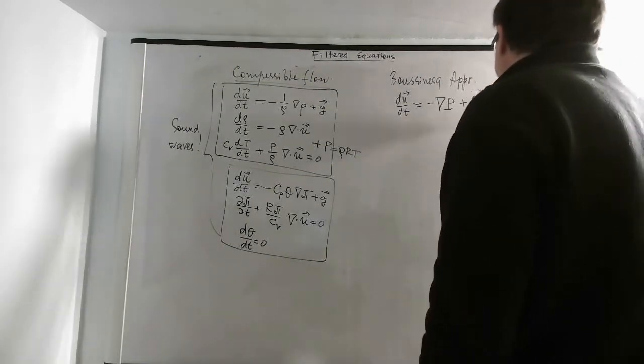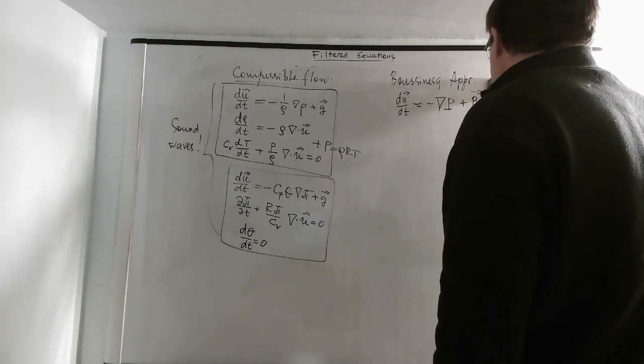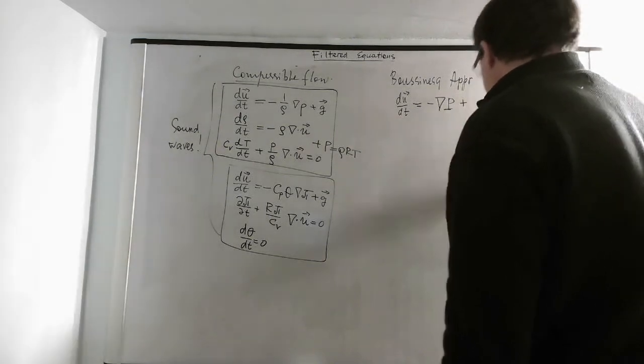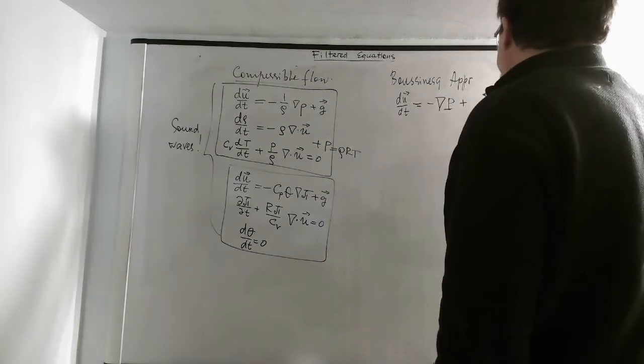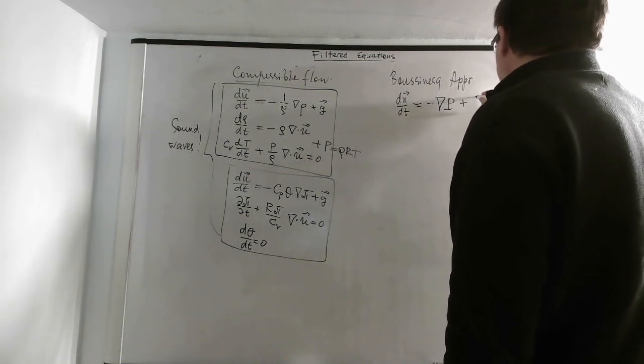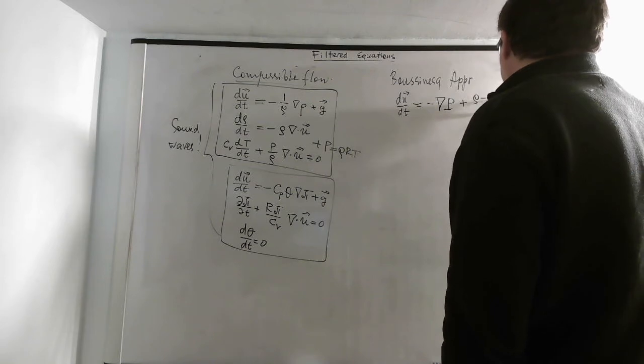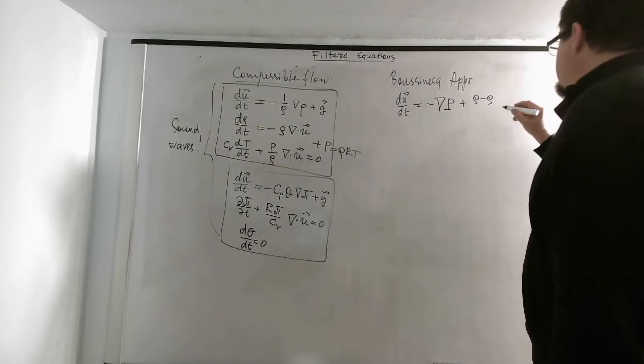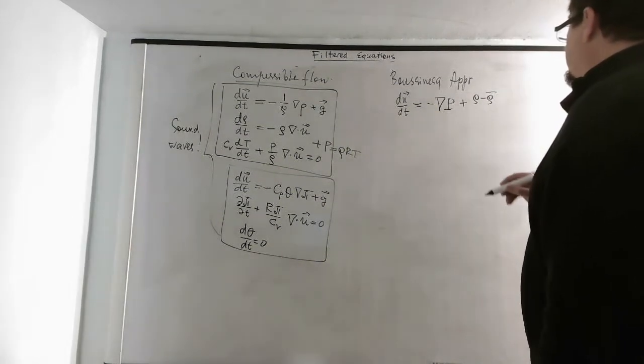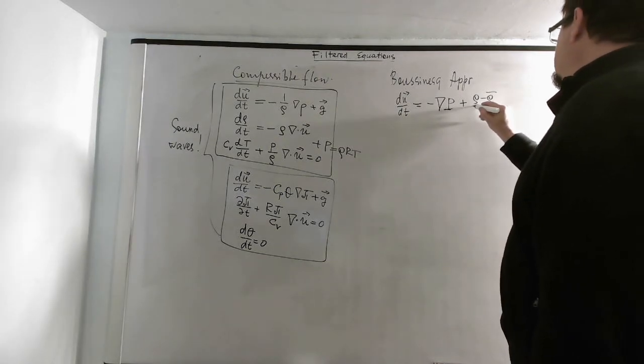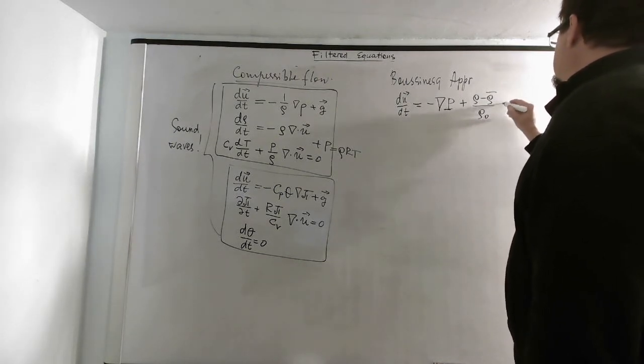Or let's write it explicitly as rho minus rho reference state, divided by rho naught, times g.